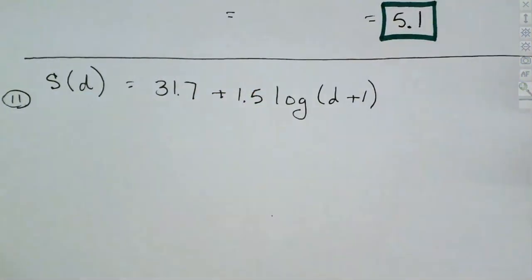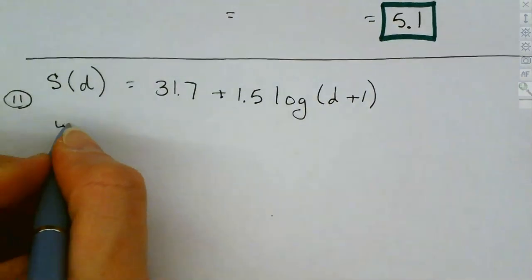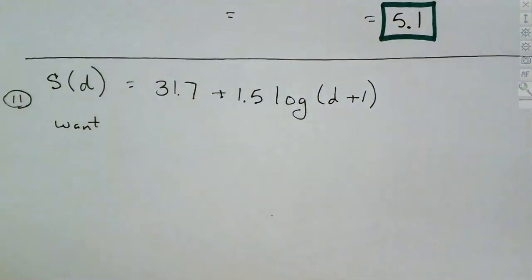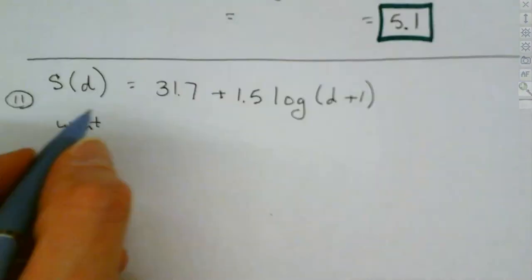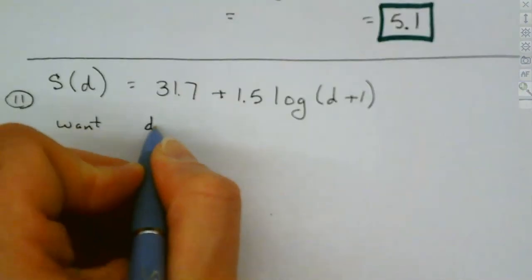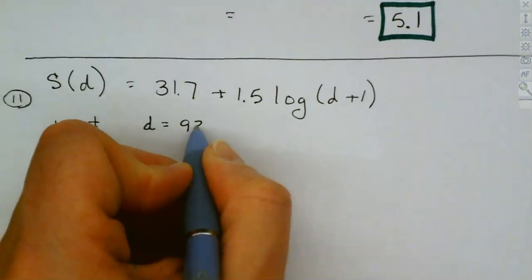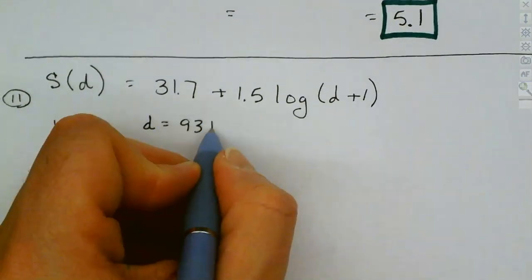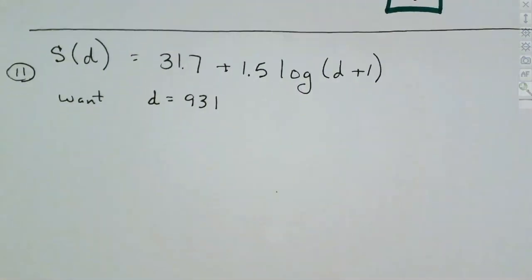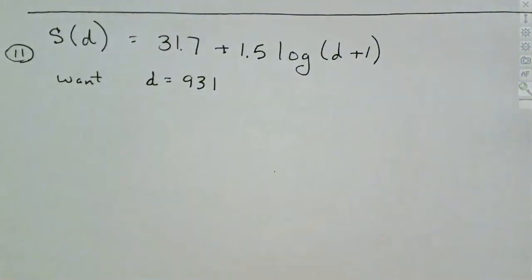Right, so the depth plus 1. Now we want a depth of 931 meters, right? So it's in meters. So we're going to use D equals 931. We're going to plug that value in, and we're going to calculate it out.